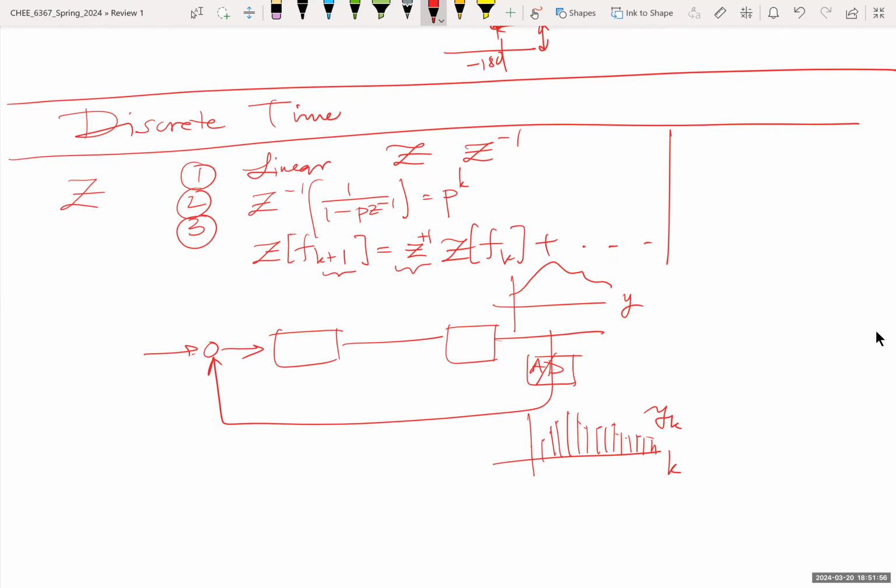The controller generates a sequence, and then you have a digital to analog converter that creates an analog signal U to the process from the controller output. How this is understood by the controller is where the Z transforms are useful.